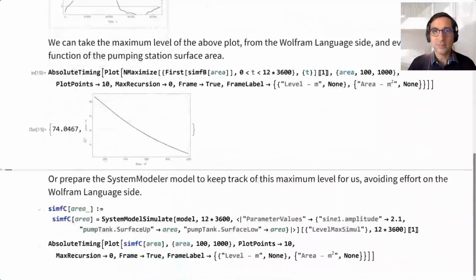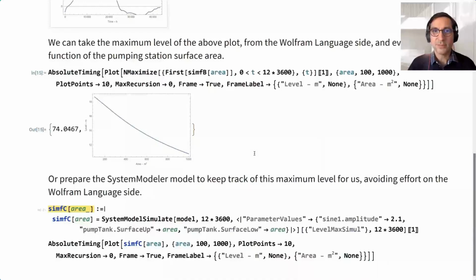Okay, it's here. It took 74 seconds, but we have a nice curve. Very interesting. That can help us figure out which is the best equilibrium.